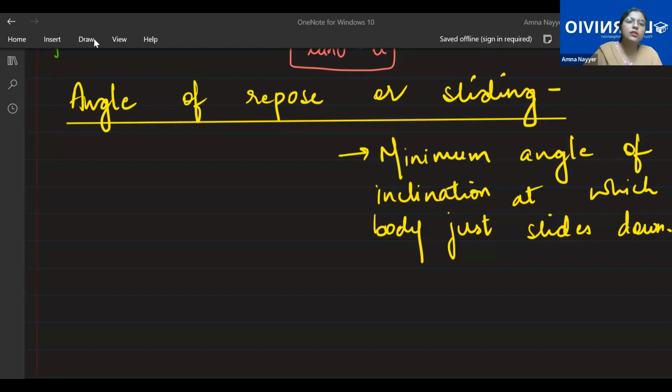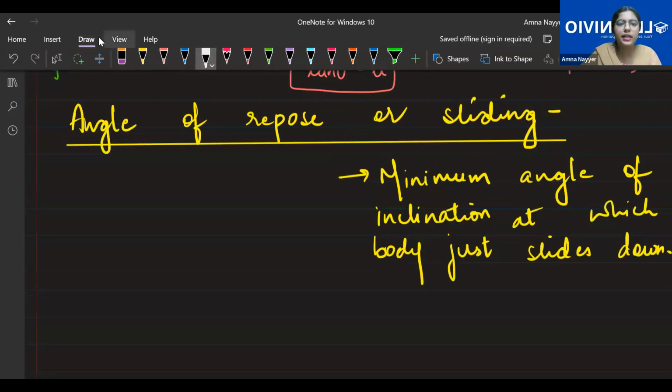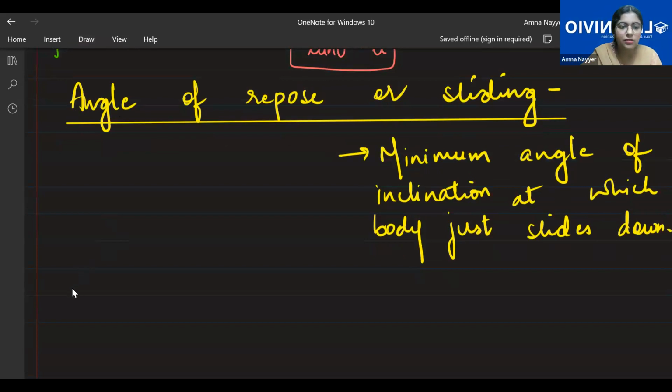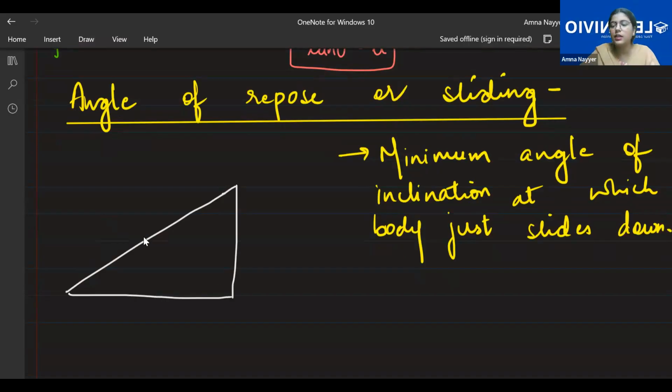So when we talk from here, you'll have the questions related to motion on an inclined plane. Pay attention here, because whatever resolution part we will be discussing over here will be carried on in your motion for inclined plane.